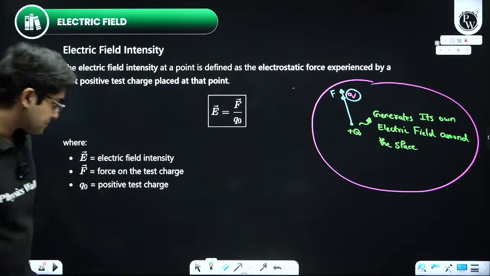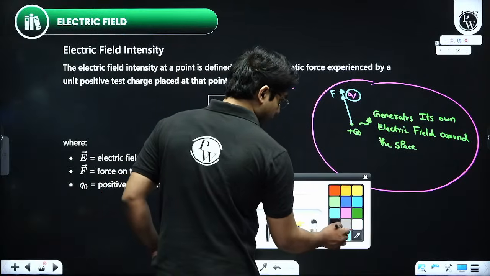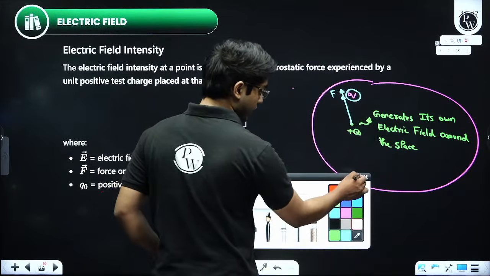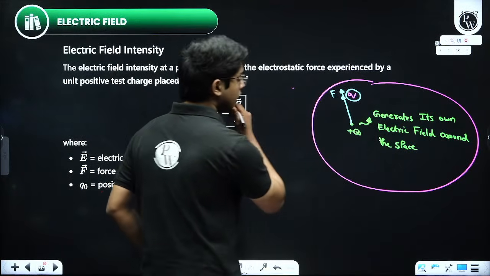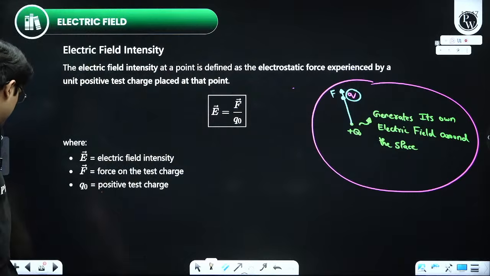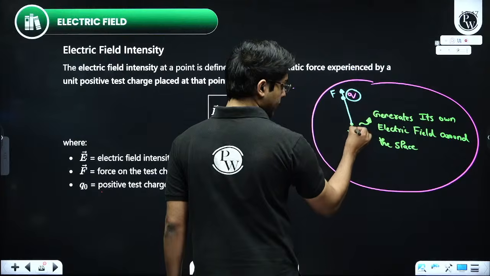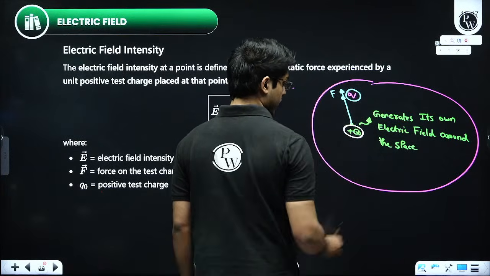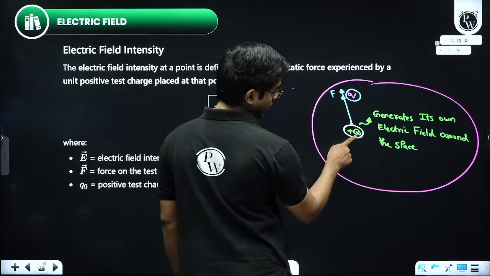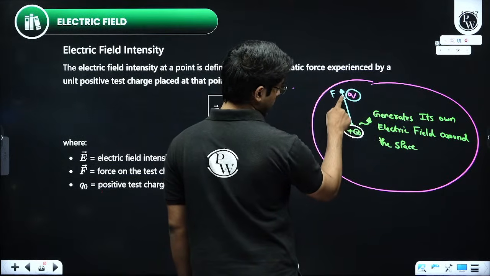So how electric field is defined is, at any point we mainly keep a main charge known as the source charge. Let's say I want to find the electric field due to this plus q charge at this location.